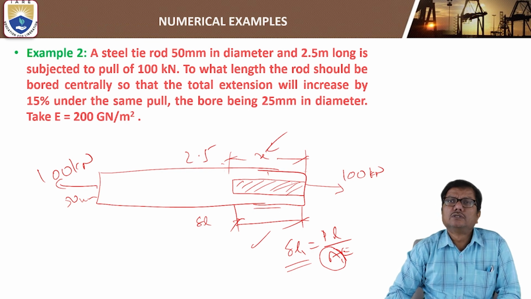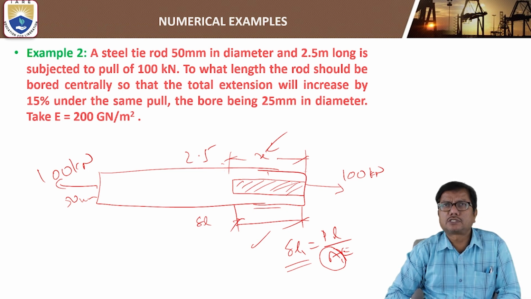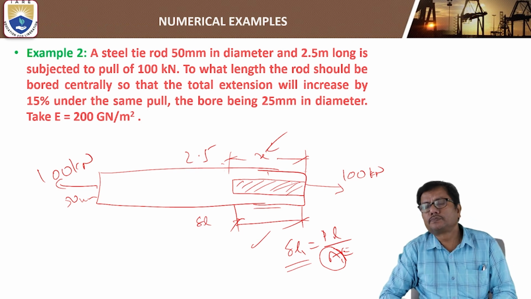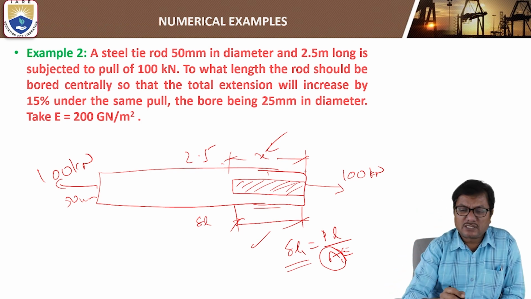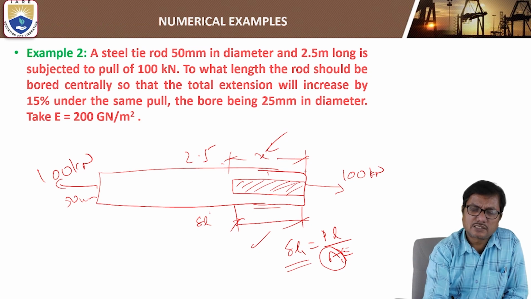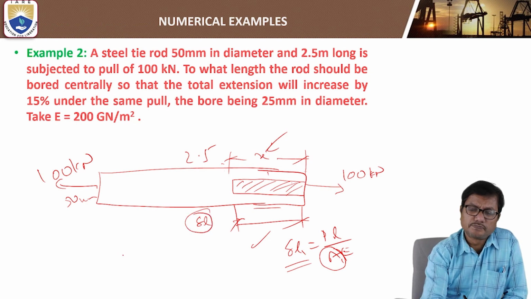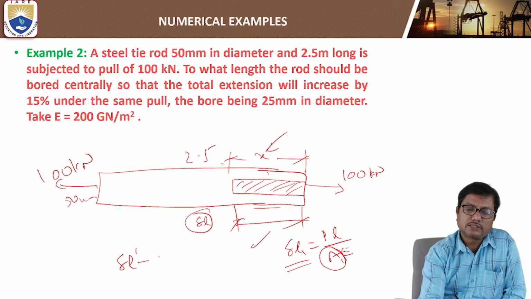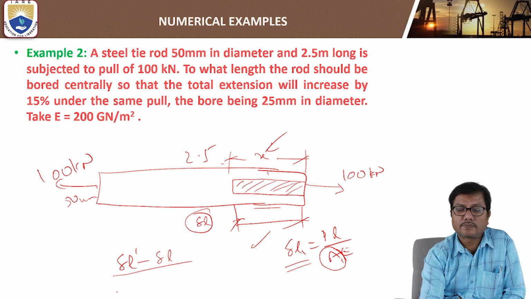So to have an increase of 15% in the total extension, what should be the length of borehole? That you need to find out. If delta L is the initial extension without borehole and delta L dash is the final extension with borehole, what condition should it satisfy?